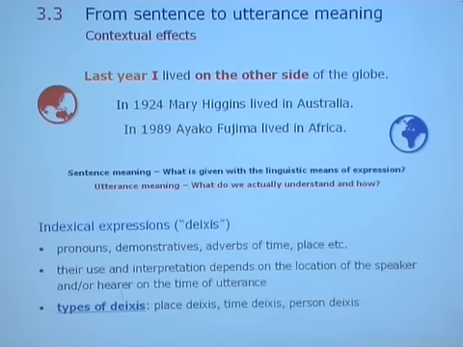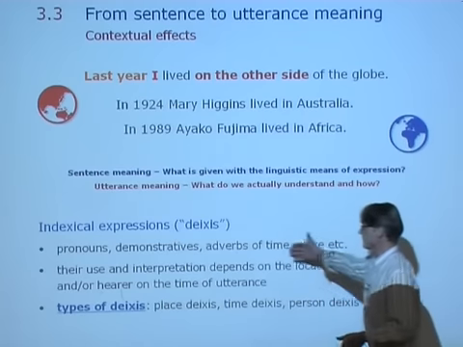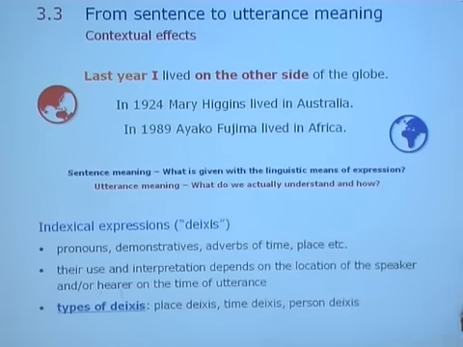That is, they point to the situation of utterance, the communicative situation, and so typically we have pronouns, demonstratives, adverbs of time and place, and their use and interpretation depends on the location of the speaker and or hearer, on the time of utterance. And if you want to understand all this, you need to have access to this situation. Here we have different types of deixis: place deixis, time deixis, person deixis.